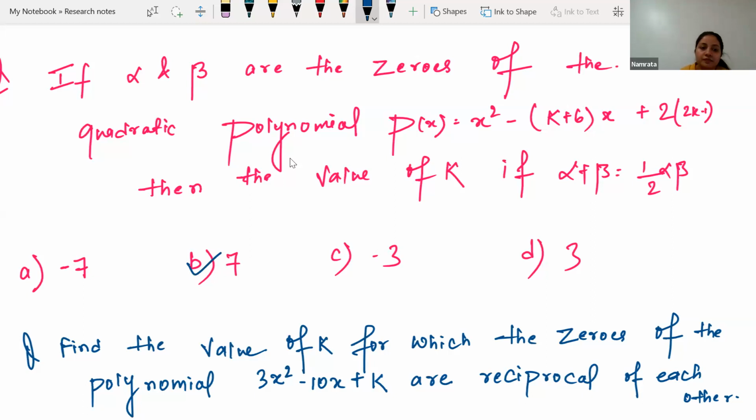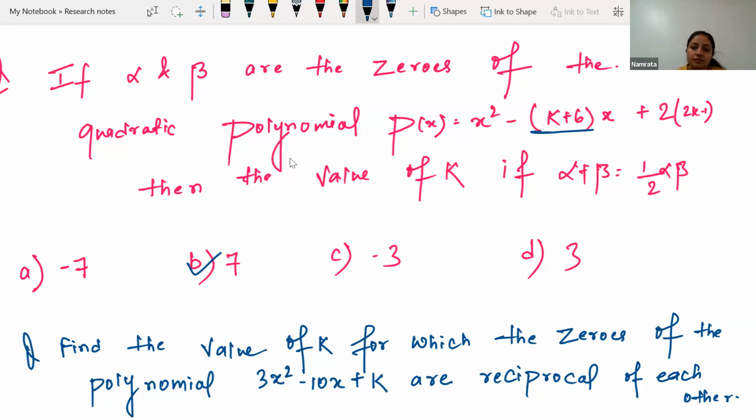How have you done it? First I did alpha plus beta: a is 1, b is −(k + 6), minus minus cancel out, so it's k + 6, and c will be 2(2k − 1).